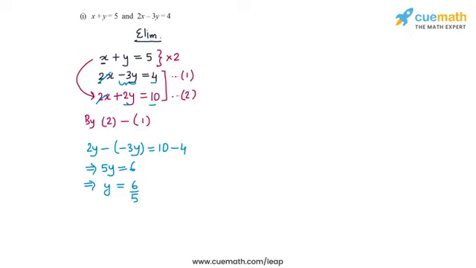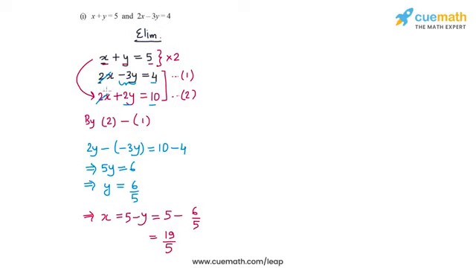Because y is equal to 6 by 5, I can find x using any of these two equations. Let's use x plus y equal to 5. So x should be equal to 5 minus y, or 5 minus 6 by 5, and this is equal to 25 minus 6, or 19 by 5. So x is equal to 19 by 5 and y is equal to 6 by 5.